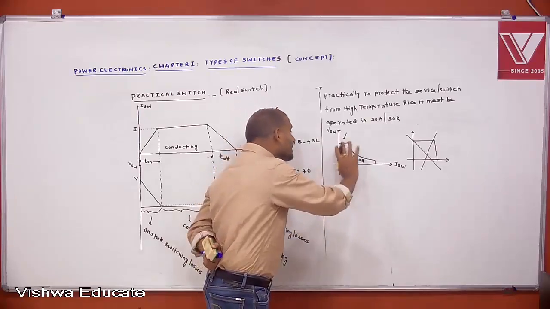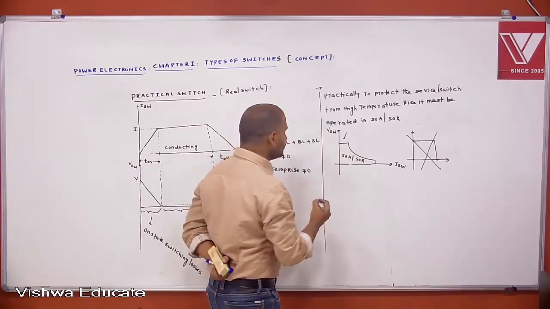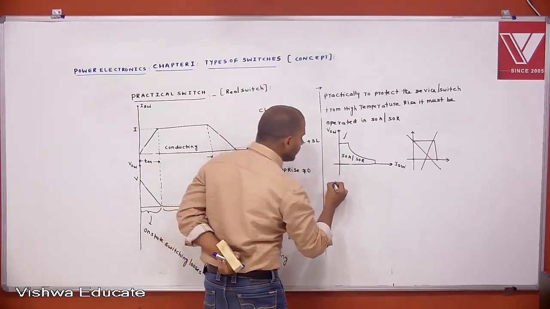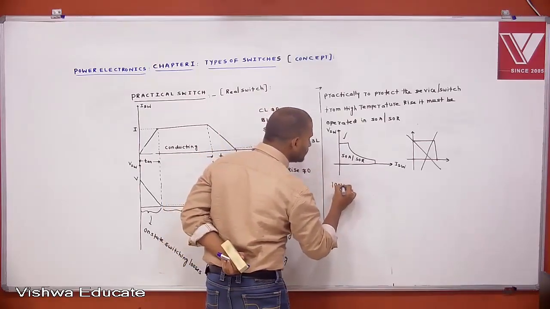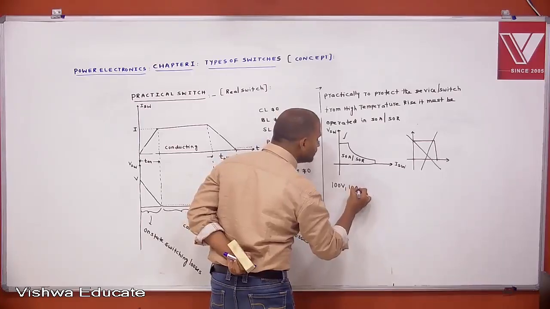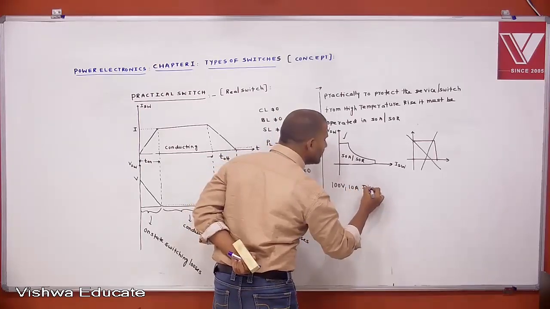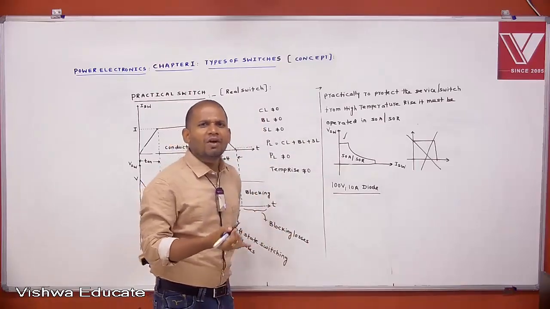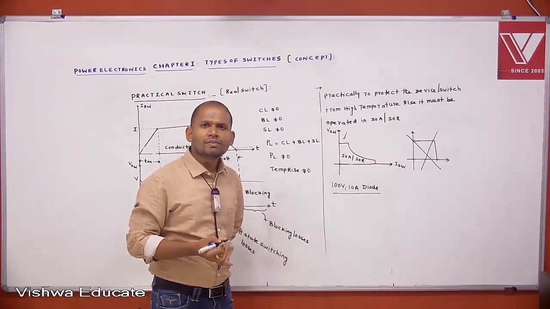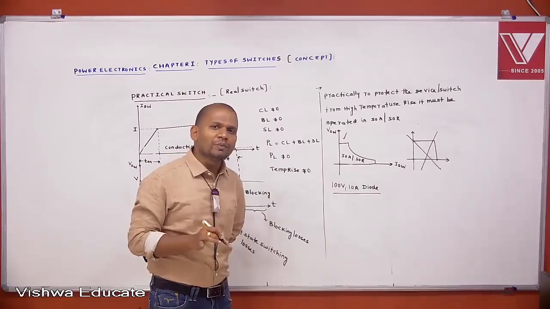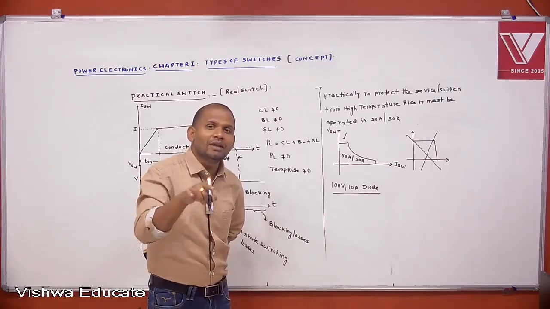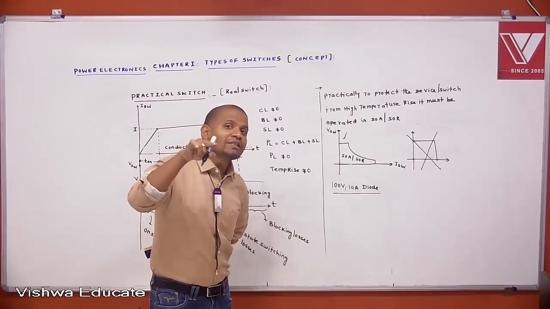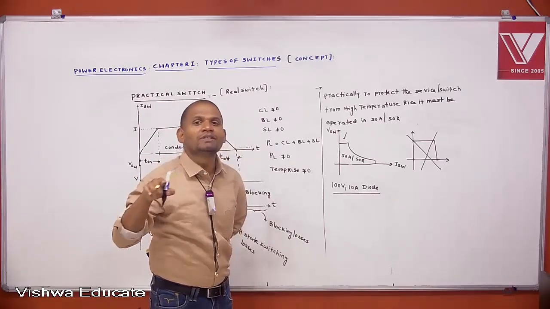Why am I representing it like this? For example, let us consider a diode, a 100 volts, 10 ampere diode. What is the meaning of this rating? A 100 volts 10 ampere diode does not mean that if the voltage across the diode is 100 volts, then the current through the diode is 10 ampere.